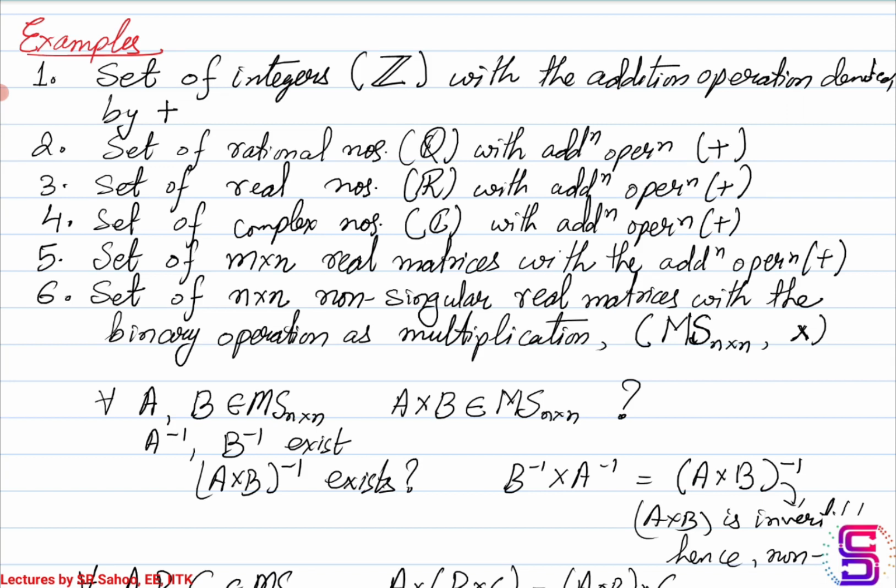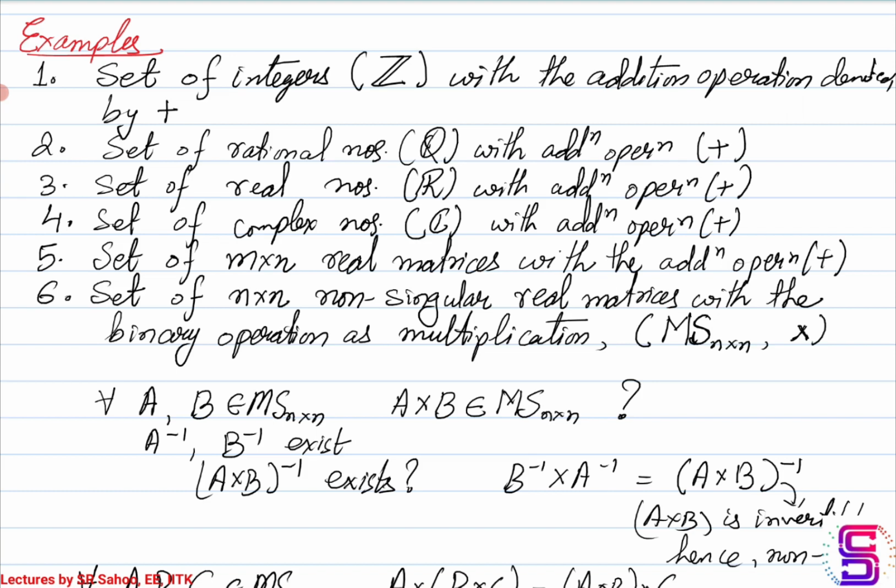So how do you check? Let's say you pick up any two invertible matrices from the set. We have to show that the product of these two matrices is also invertible. So consider the two matrices to be A and B. Because they are non-singular, A inverse and B inverse exist. Now when you multiply B inverse with A inverse, this is nothing but the inverse of A multiplied with B, right?